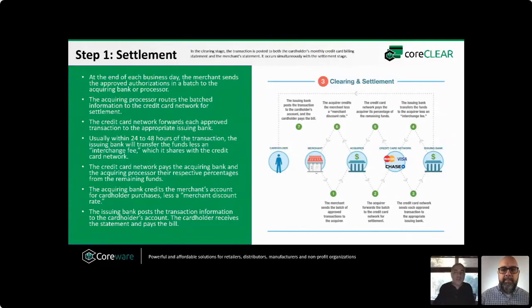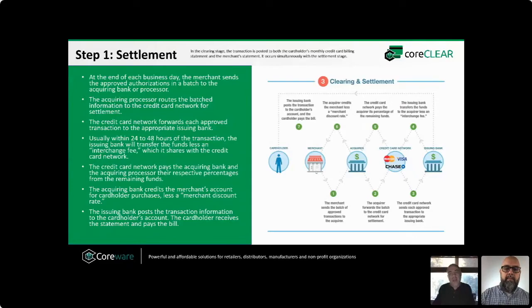So again, the issuing bank takes their fees and sends the money through the network. The network says, okay, Visa, MasterCard, whoever it is, I've got that approval. The bank took their fees. Now I'm going to take out my fee, and then send that over to the acquiring bank, which is your processor.